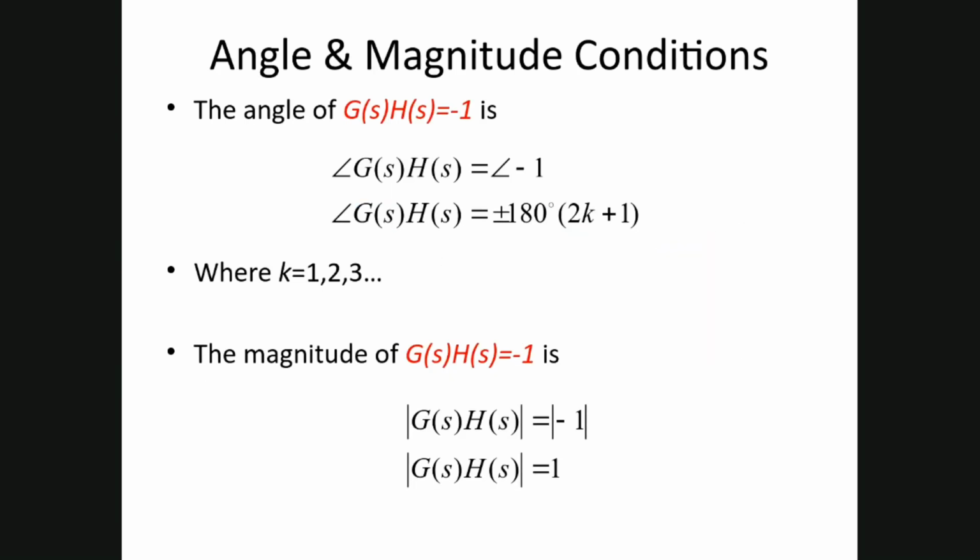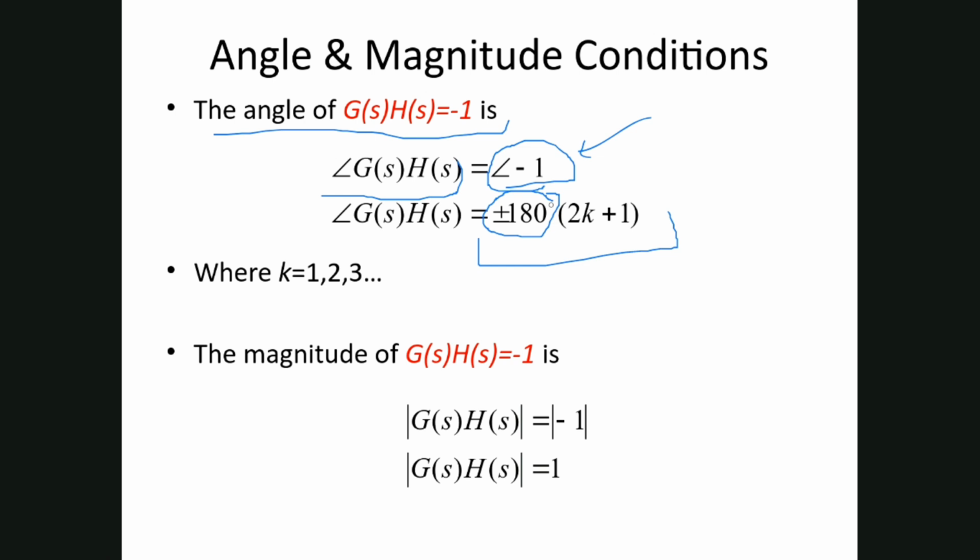The angle of G(s)H(s) equals the angle of minus 1. That is nothing but, if it is minus 1, plus or minus 180 degrees.